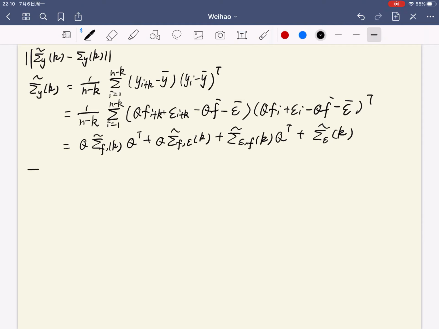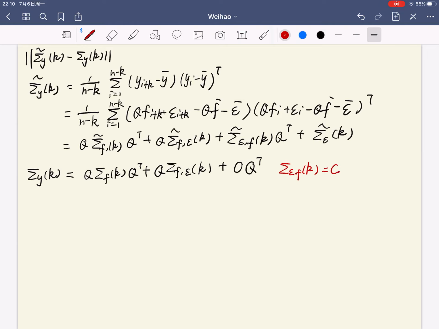For the population version, we already showed that it is equal to, actually we can add one more term, which is 0 times Q transpose. The reason is that this is equal to 0 because the future does not contribute to the past.